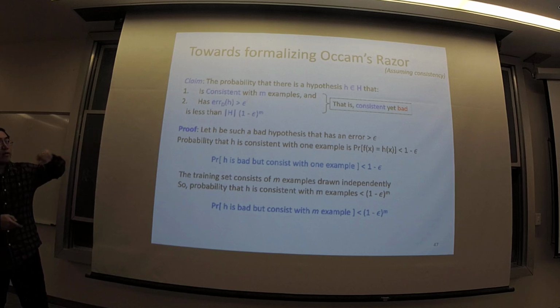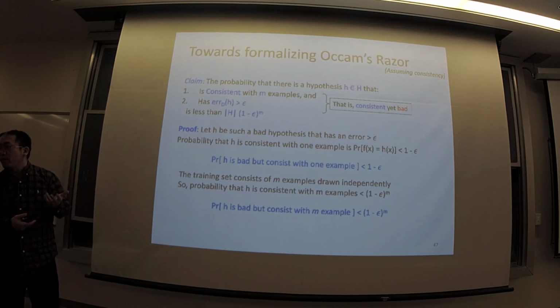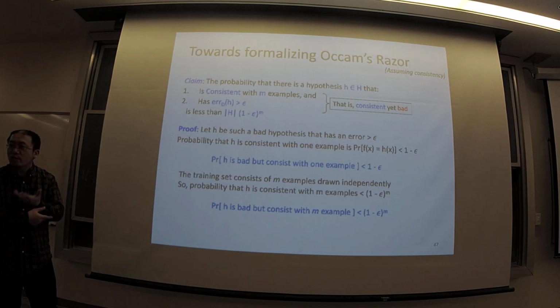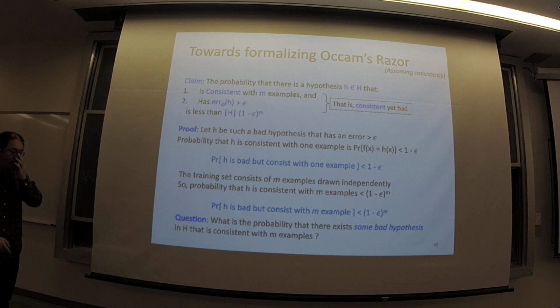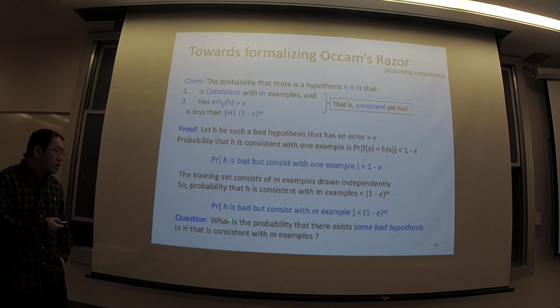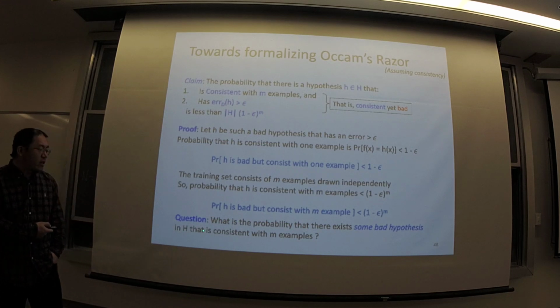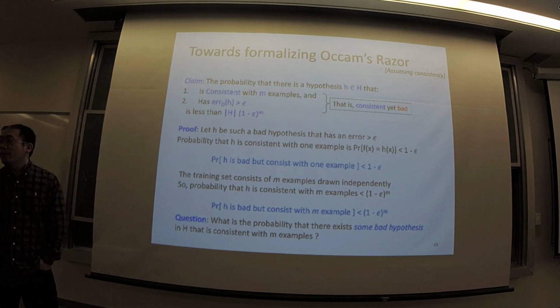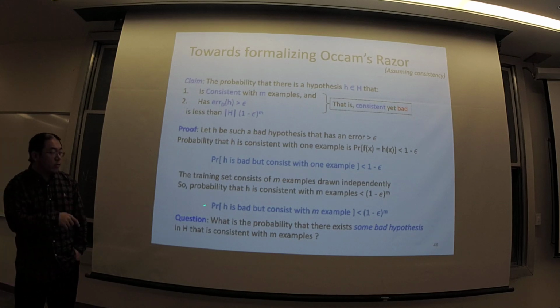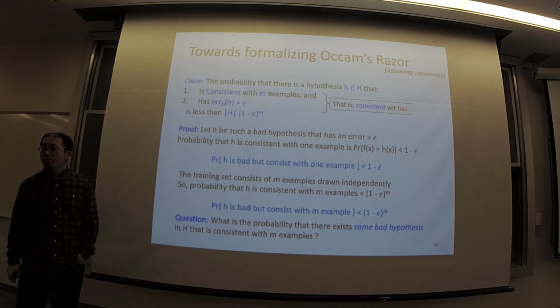The original claim says there exists such a hypothesis, but here we are talking about a specific H. How do we draw a connection between the two claims? Our question is: what is the probability that there exists some bad hypothesis in H that is consistent with all m examples? How can I draw the conclusion based on this?